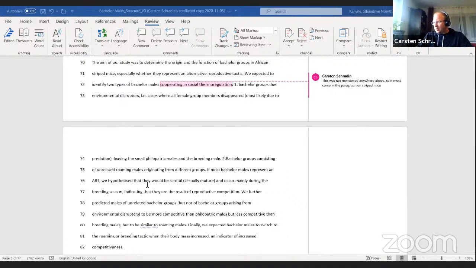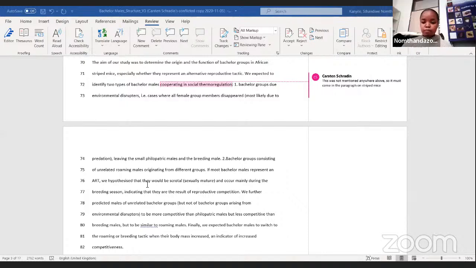What I talked about, body mass. Where's this? We only talk about competitiveness here. I must have changed this.